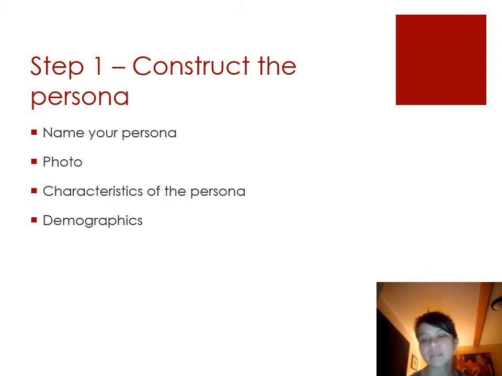So make up as much as you want. There are no wrong or right answers. Just think more and more about characteristics and demographics. The more details you come up with for this person, the more real this person will seem to you. You have to think of a real person when you're designing an interface. So it's very good practice for anyone who's doing UX design, really, to come up with a persona.